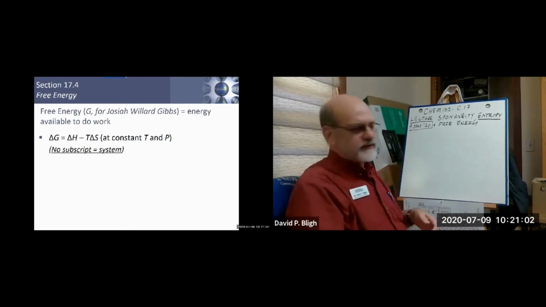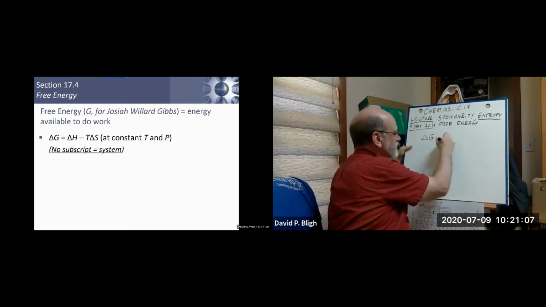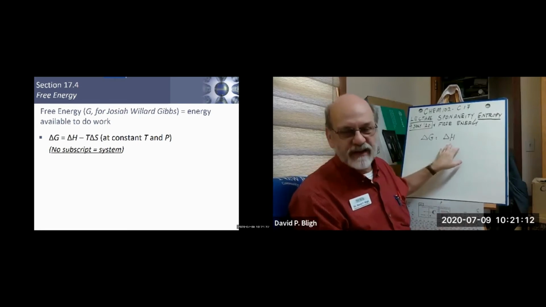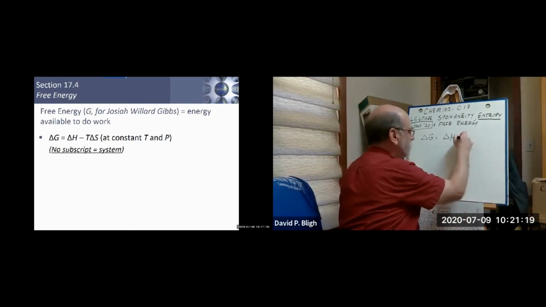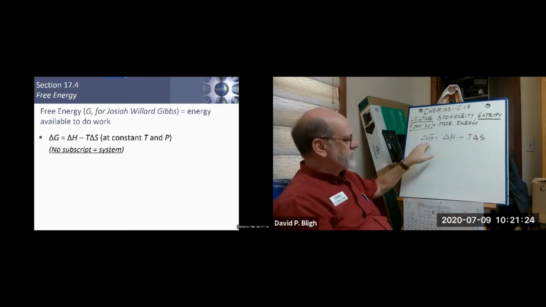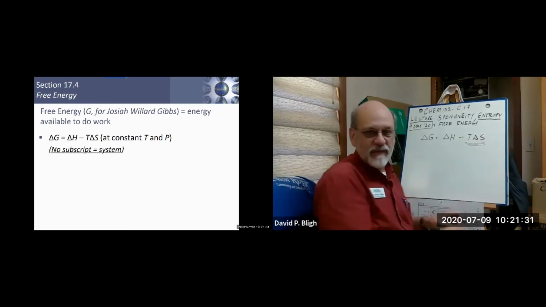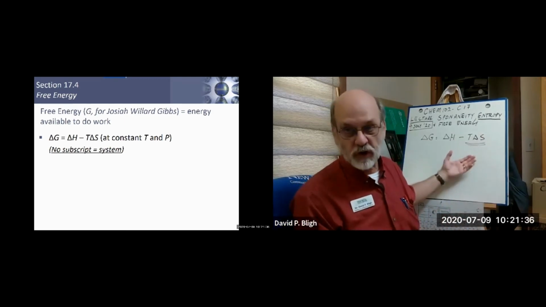And what Gibbs discovered was that that energy is derived from the enthalpy, but minus a sacrificial amount that goes to entropy. So this free energy is based upon enthalpy, but we have to remove the amount that is not available for doing useful work, and that's the entropy term. Right?